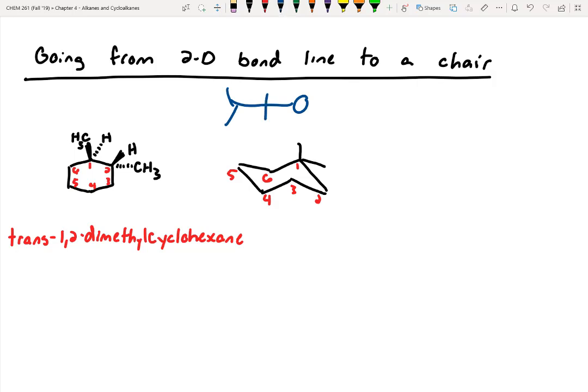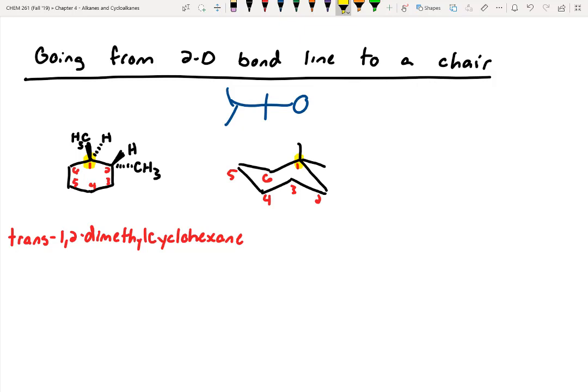My question for you is, we're looking at carbon 1 right now, right here in both of these. Would the methyl group off of carbon 1 be axial or equatorial? Axial. Why axial? Because when you lay it down, it's going to be pointing straight up.